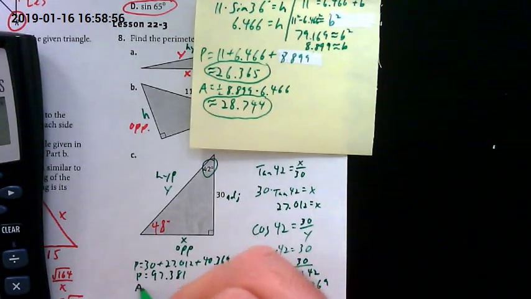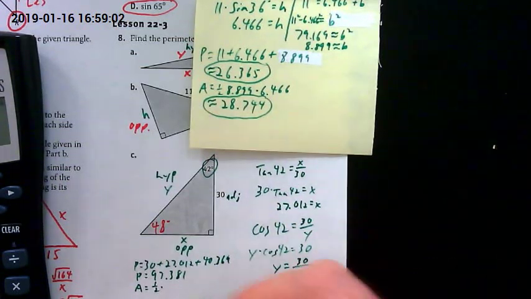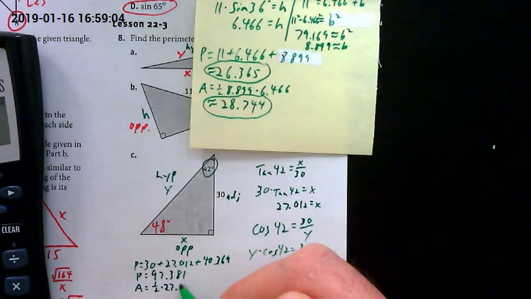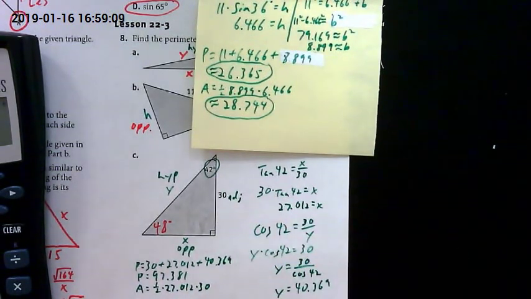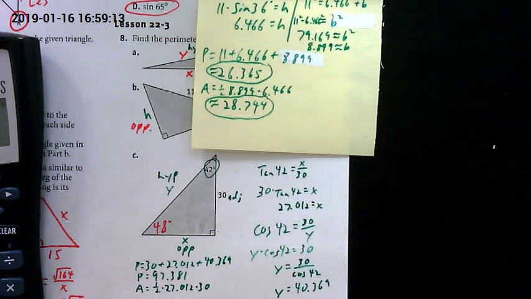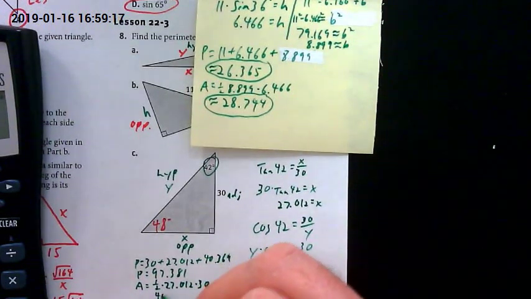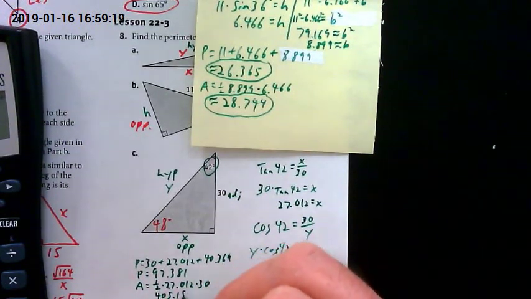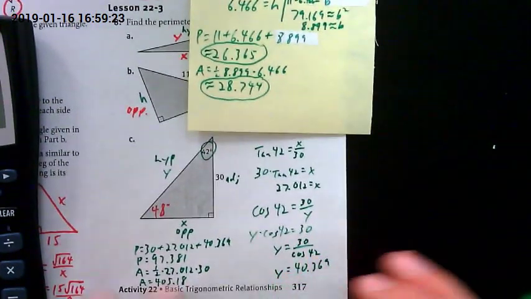For the area, 1/2 times the base, which was 27.012, times the height, which was 30. That'd be 405.18 for the area.